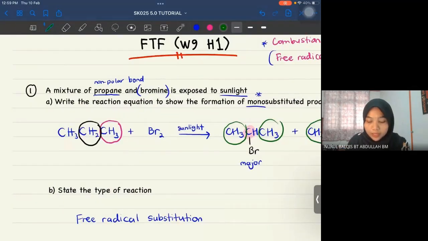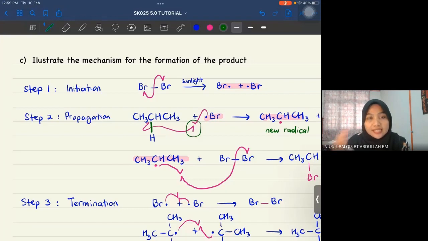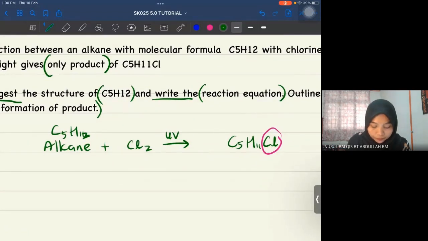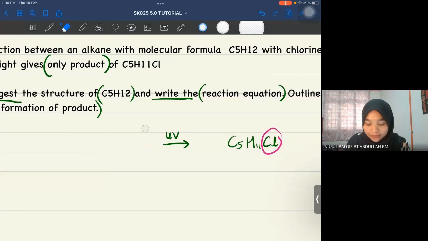Kalau 5 karbon sekalipun, dia tak semestinya pentane. Jadi selain pentane kita boleh buat benda apa lagi yang ada total 5 karbon? Apa benda kita panggil benda tu? Isomer. Yes, isomer. So you have the C5H12, awak kena keluarkan isomers dia dulu.